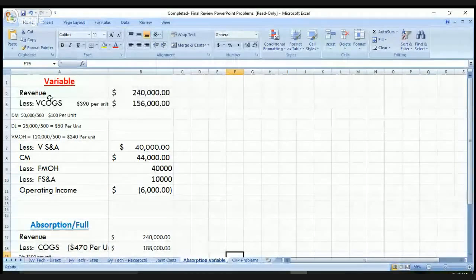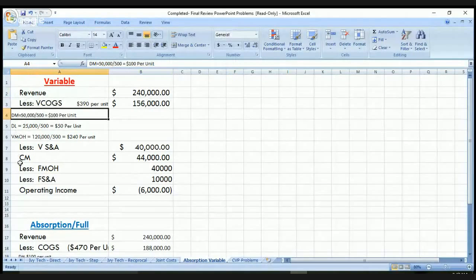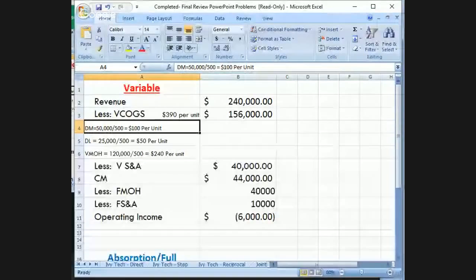So we have the $240,000 in revenues. Now, my variable costs, I'm going to break this down by unit. My direct materials were $50,000 divided by 500.